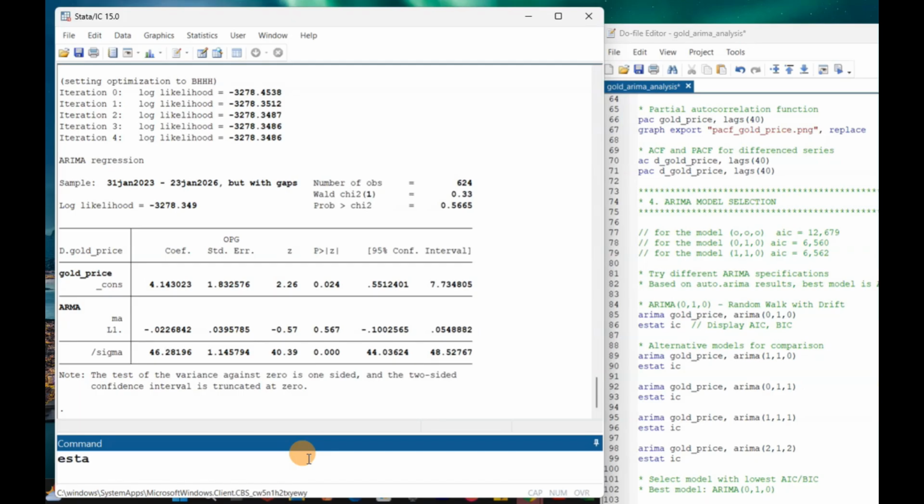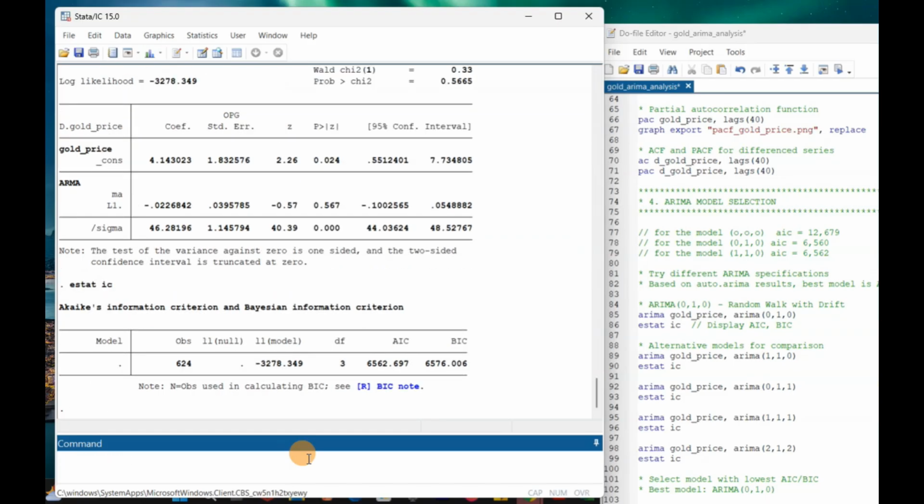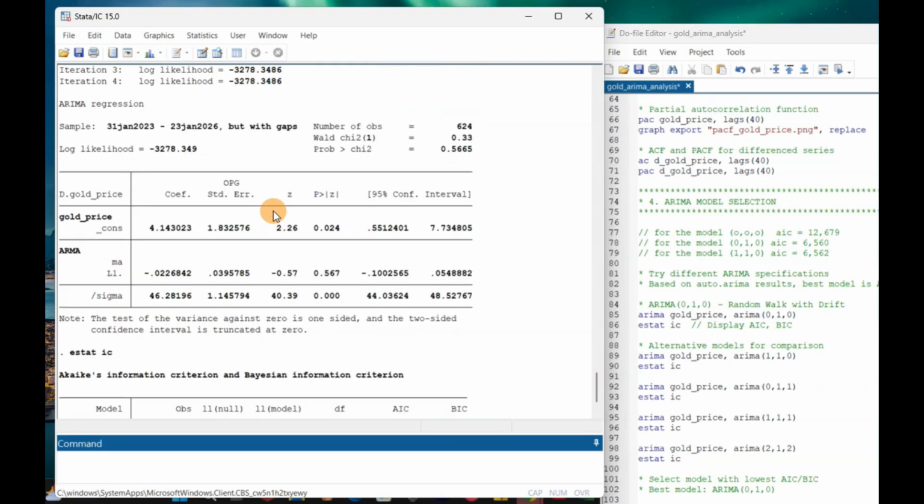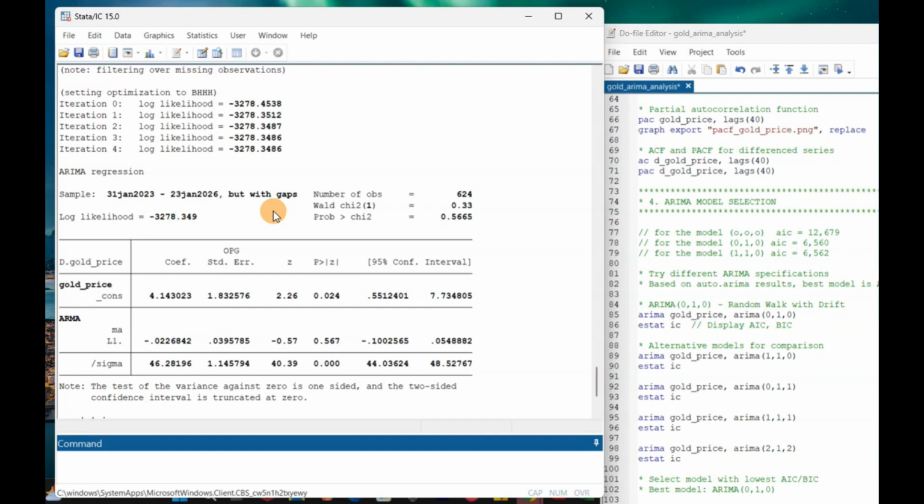It will be like this: 111. It means my lag is 1, my change is 1, and my error term is 1. That's how my model will be looking like.